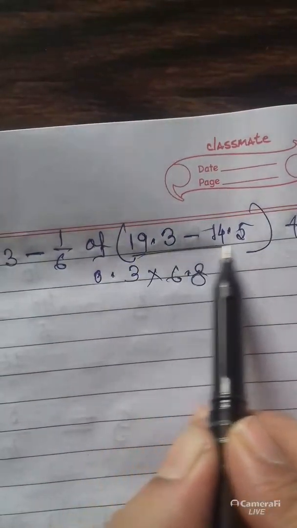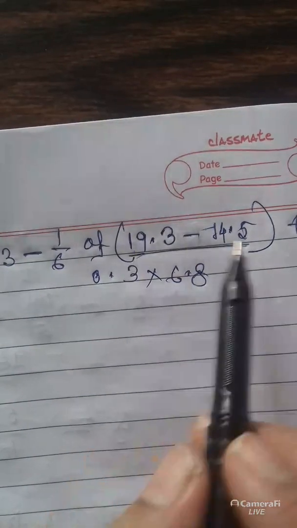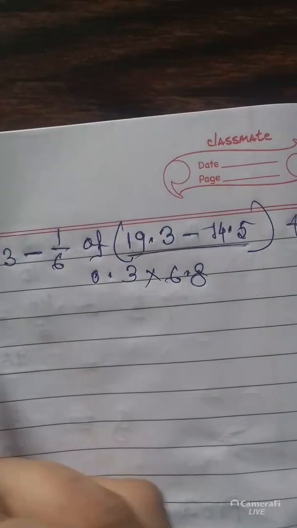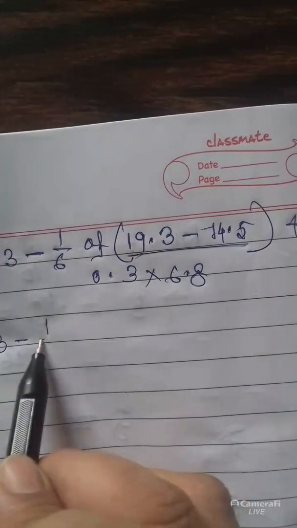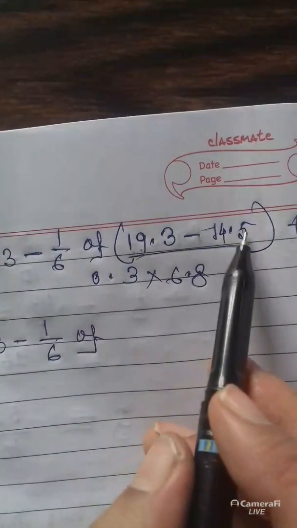First, what to do? 19.3 minus 14.5. This is the first bracket.